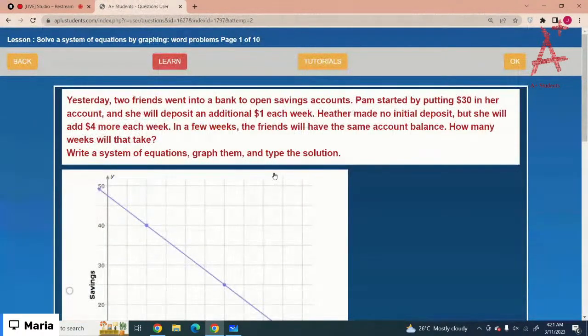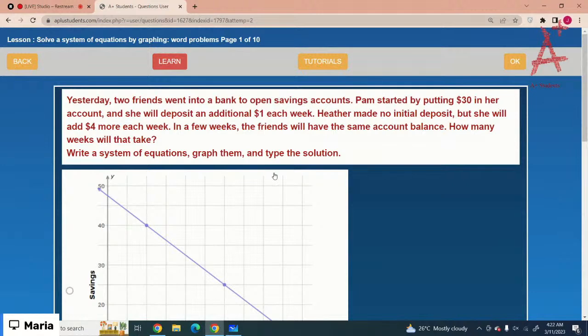Okay, yesterday two friends went to the bank to open a savings account. Pam started by putting $30 in her account and she will deposit an additional $1 each week. Heather made no initial deposit but she will add $4 more each week. In a few weeks, the friends will have the same account balance. How many weeks will that take?